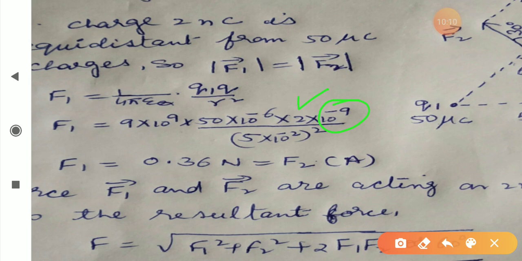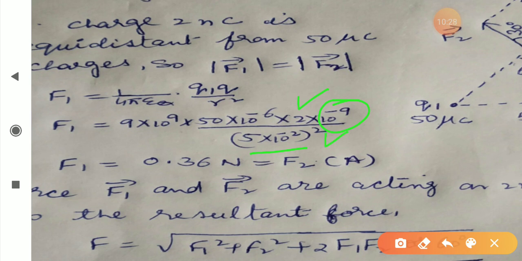Now, the distance between the charges is 5 centimeter. So first you convert centimeter into meter, and centi means 10 raised to the power minus 2. So 5 into 10 to the power minus 2, and since it is r square, you also have to square this whole thing.